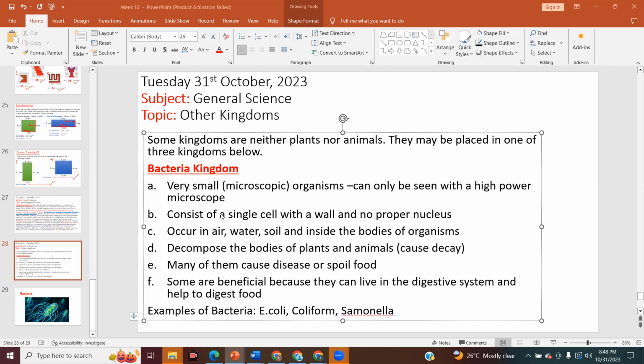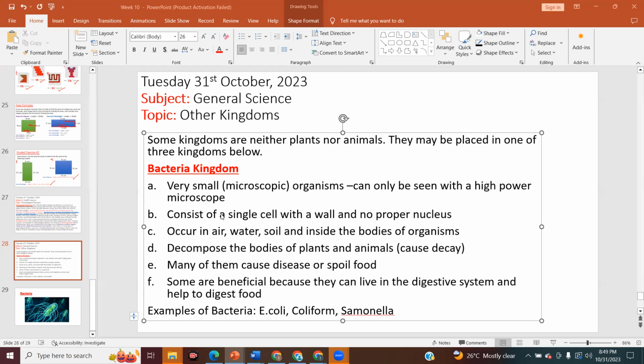Shadney, are you there? Yes, I'm here. What do you need to use in order to be able to see a bacteria? You need to use a high power microscope. Very good.